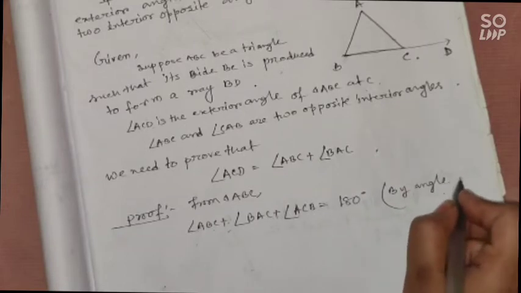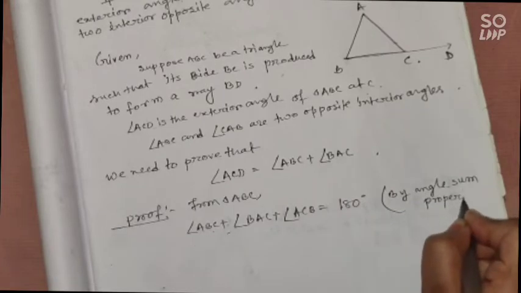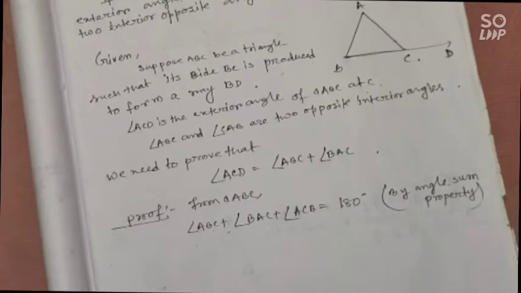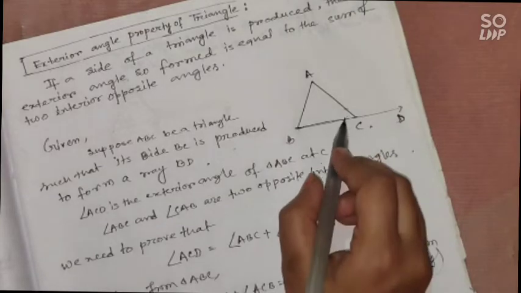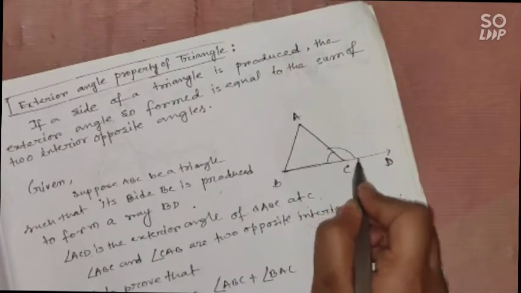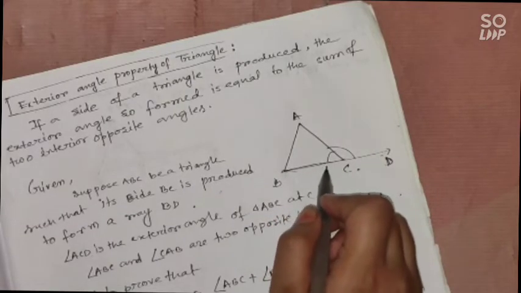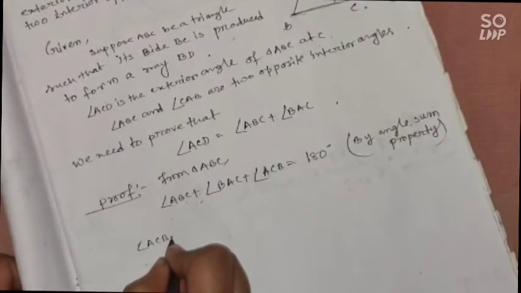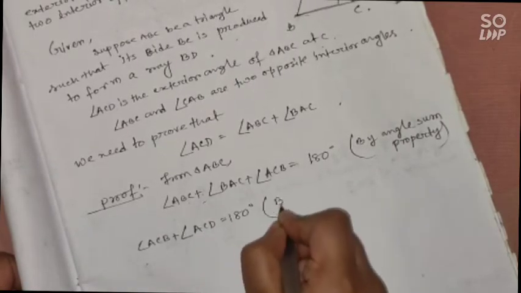And BCD is a straight line, so by linear pair, we can also write angle ACB plus angle ACD equal to 180 degrees.